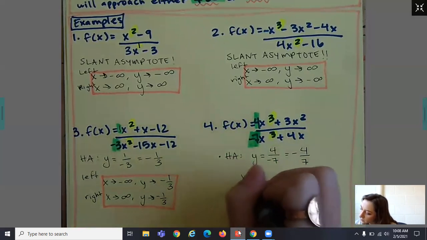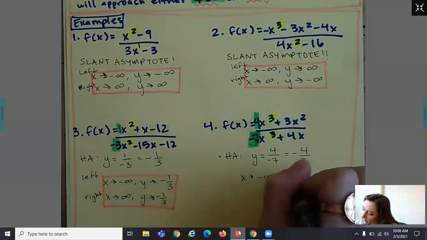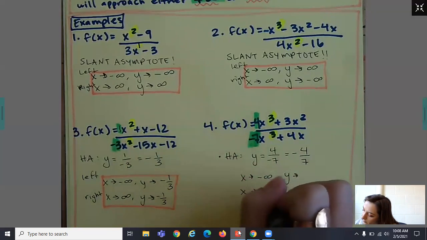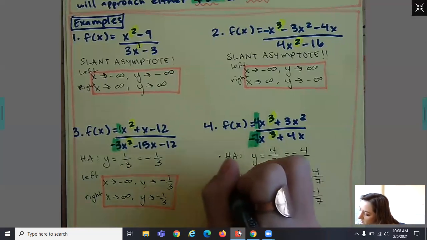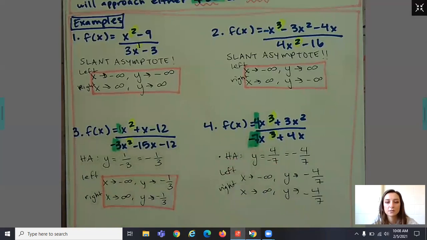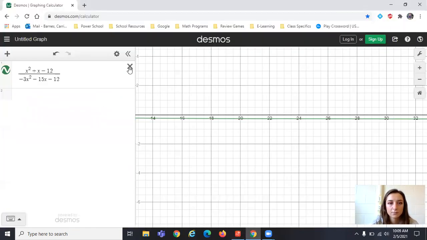So let's just try to write out our behavior before we even go. Both of these should be going to -4/7, but we're going to go and check in Desmos. Okay, so let's go to Desmos.